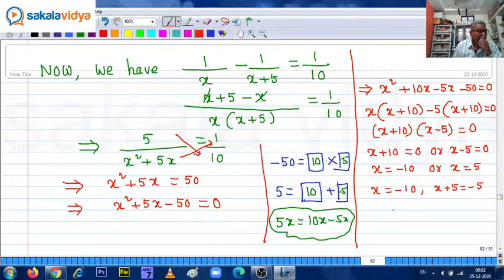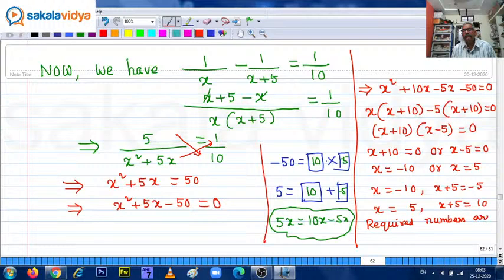Next, if you take x equal to 5, the other number is x plus 5, that is 5 plus 5, 10. Therefore, the required numbers are minus 10 and minus 5, or 5 and 10. This is the answer.